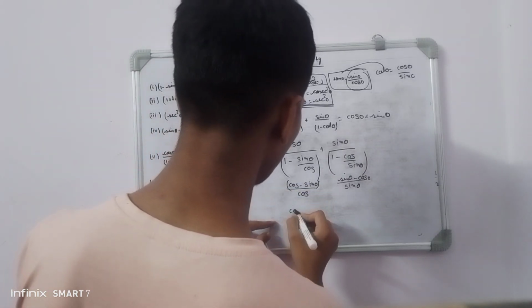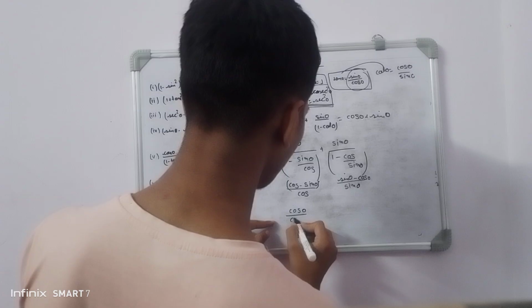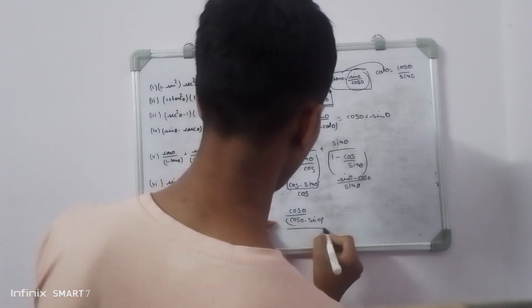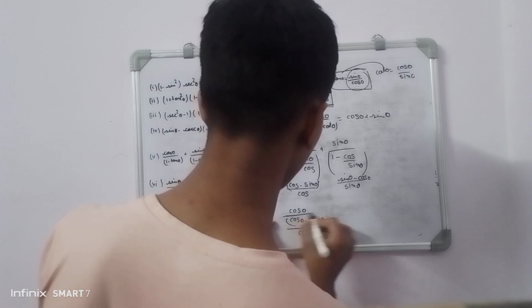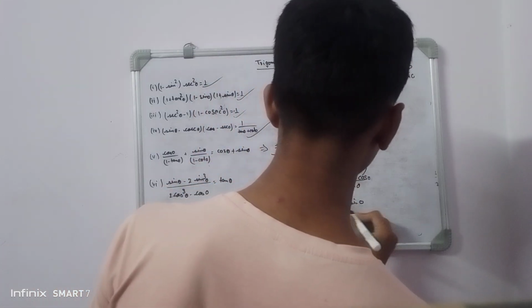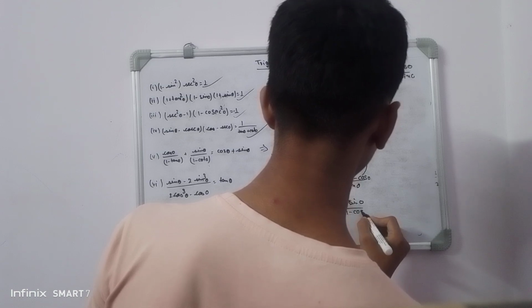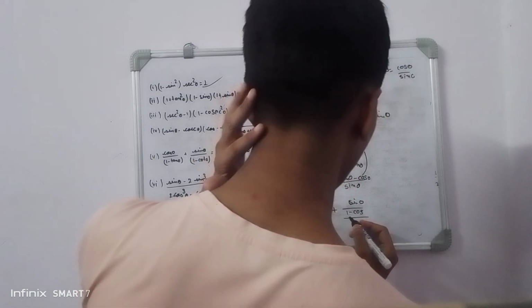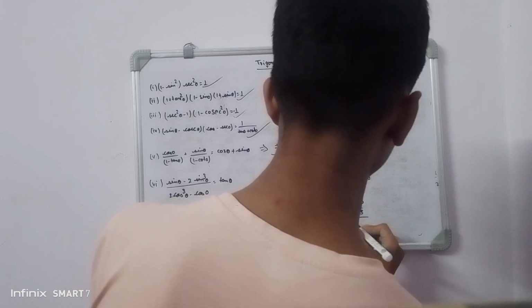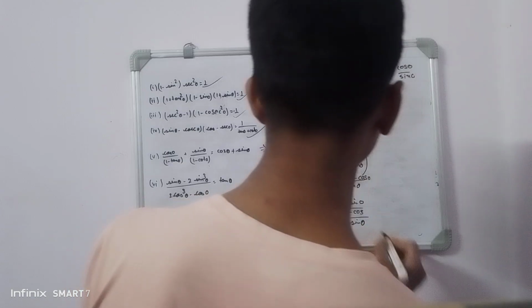So here we have cos theta upon cos theta minus sine theta by cos theta, this is what we have, and plus we have sine theta over 1 minus cos theta, here we have sine theta minus cos theta, and then we have sine theta.